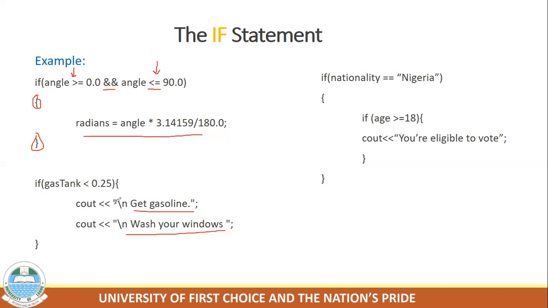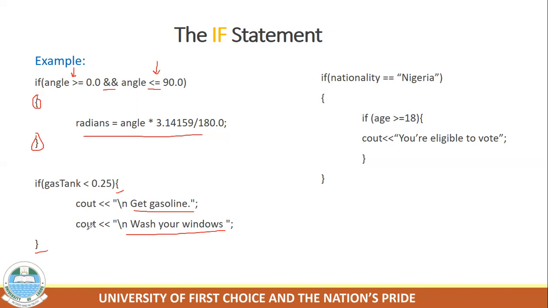Now, because the statements are more than one, you will require your braces. You will require your opening and closing braces, and you put your statements there. Else, if you ignore your braces, only the get gasoline would be automatically executed.